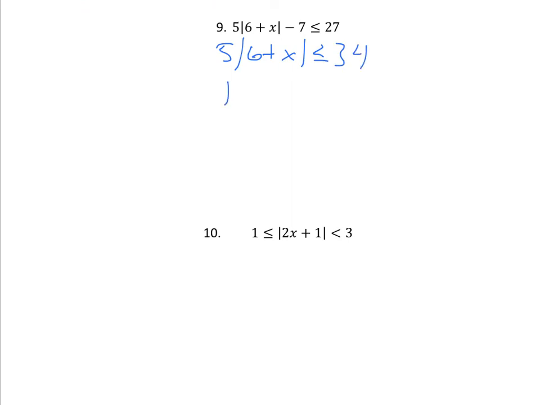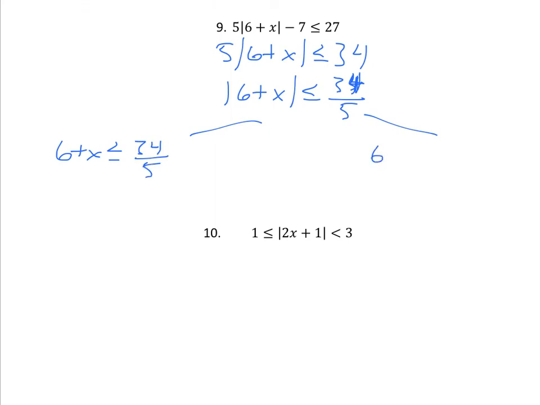Then divide by 5, 6 plus x is less than or equal to 34 over 5. And now we can split. We'll split to 6 plus x is less than or equal to 34 over 5, and 6 plus x is greater than or equal to negative 34 over 5. Okay, subtract the 6's.